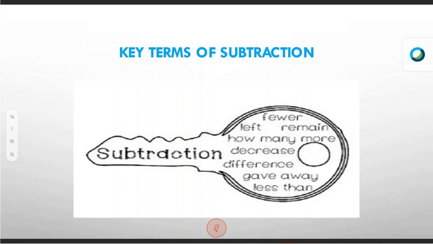Then decrease, difference. What is the difference between 3 and 1 is subtraction. Gave away, that boy gave away 1 pencil, shared the pencil. Then less than. The key terms of subtraction are fewer, left, remain, how many more, decrease, difference, gave away and less than.